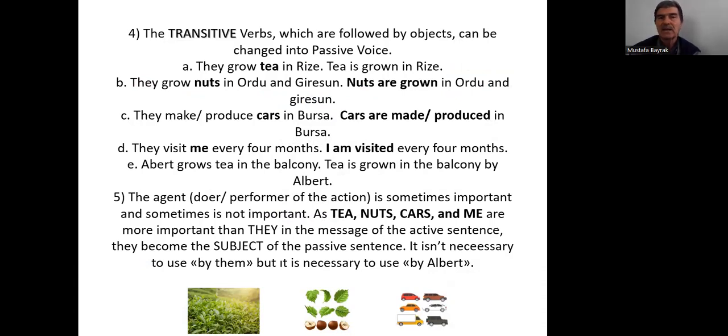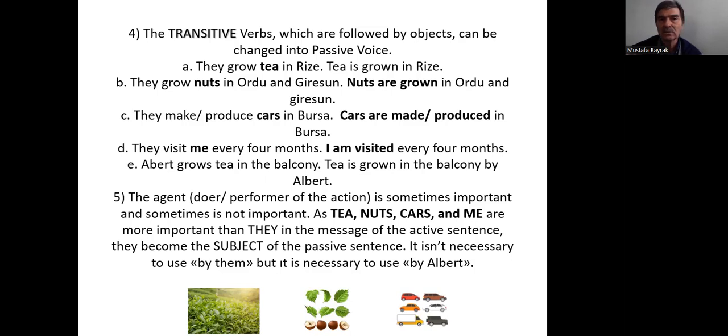So they perform the action of growing, they do it, but tea receives it. Tea is affected by it. They grow tea in Rize, so the passive voice is like this. Tea is grown, grow, grew, grown, verb 3. Tea is grown in Rize. Is it clear? Okay, for now, of course, this is an introduction.